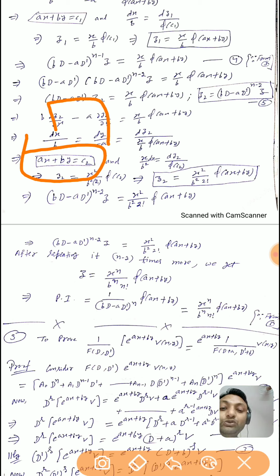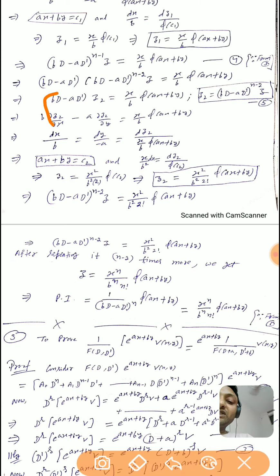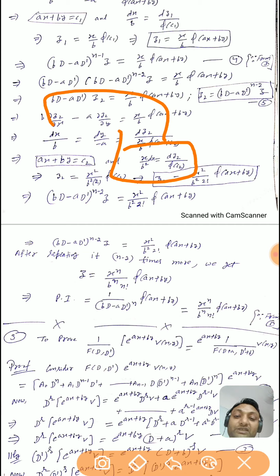Substituting AX plus BY equal to c2 in phi of AX plus BY and solving the first and third equations and simplifying, we get x upon b square dx is equal to dz2 upon phi of c2, where c2 is equal to AX plus BY.